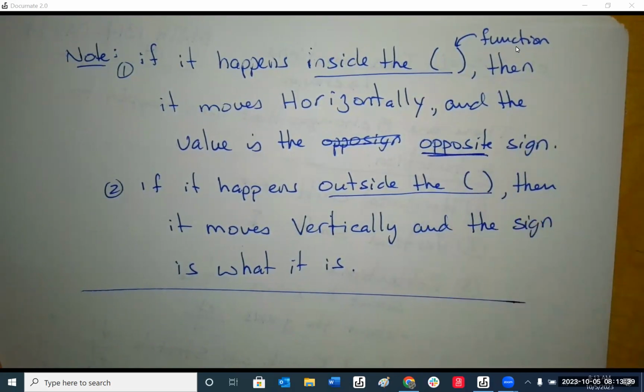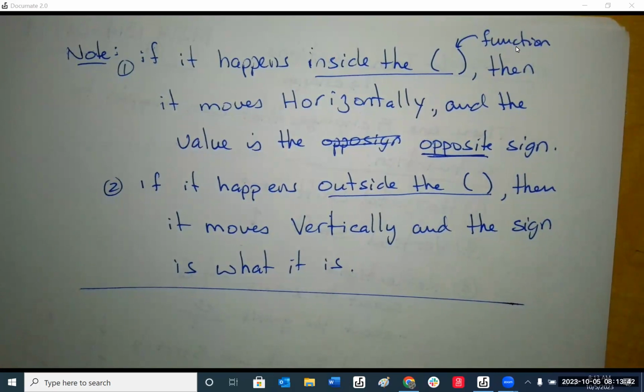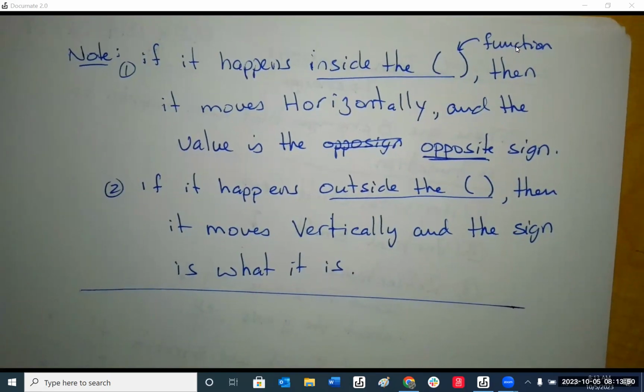Inside, it's always opposite. Outside, it is what it is. These little clues are going to help us with all 5 of these transformations.